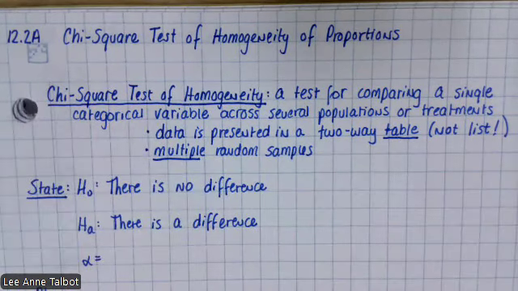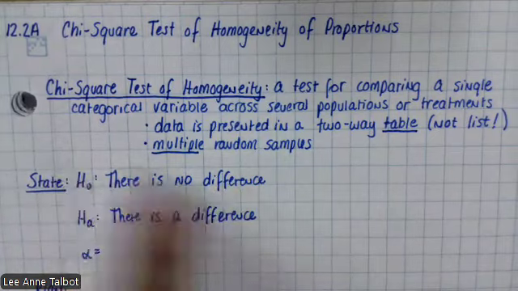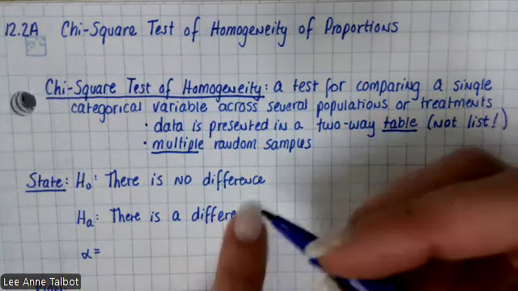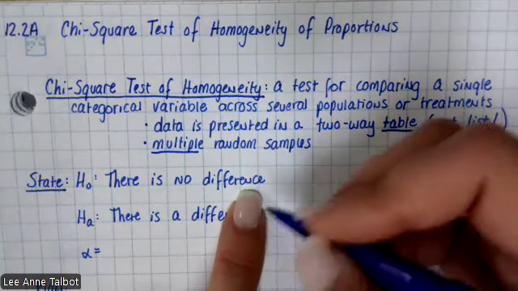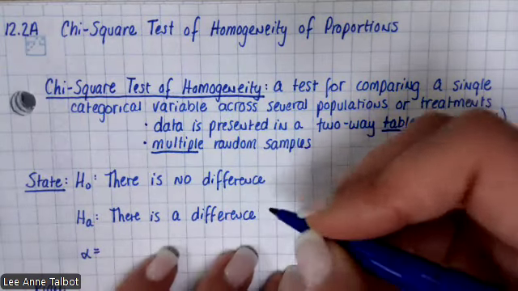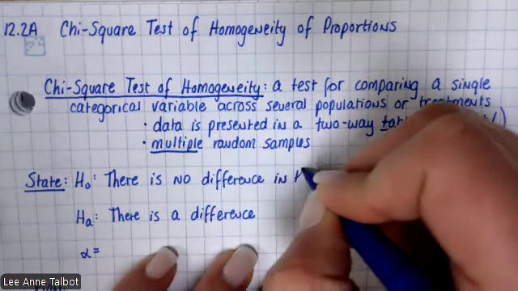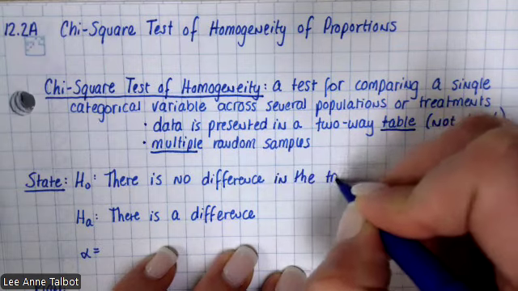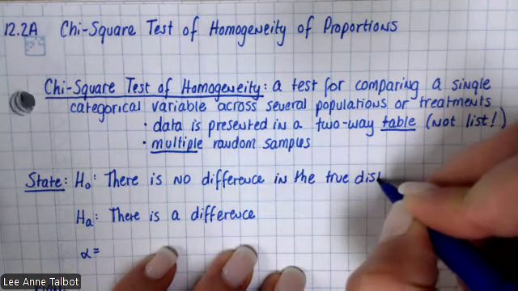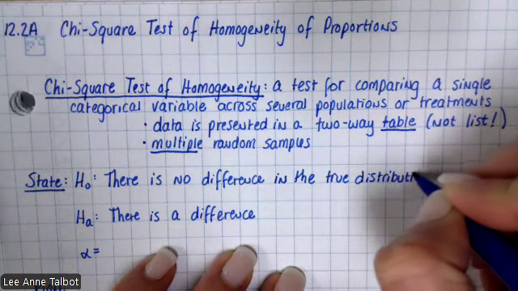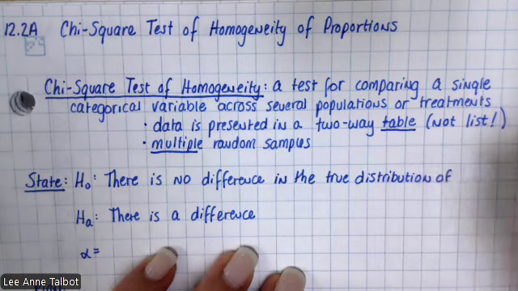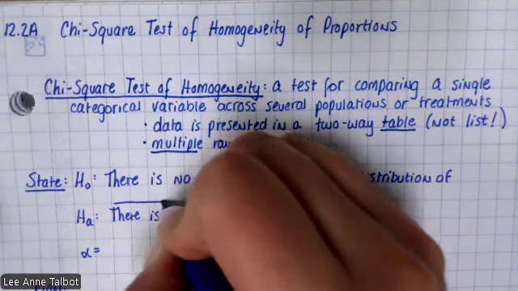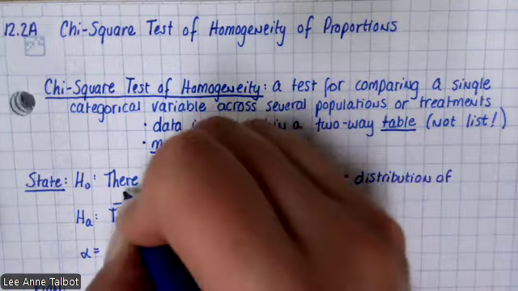Also, you can kind of tell which one this is by how it's listed in the question. So you want to say there is no difference. Then you're going to end up copying off the problem.